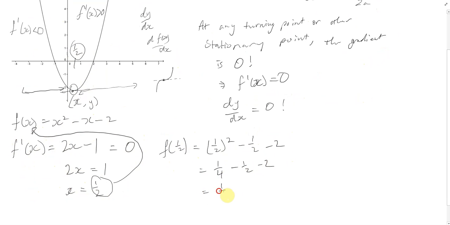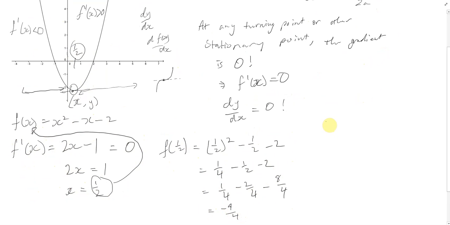Now we'll put it over a common denominator, minus 2 is 8/4. 1, take away 2, that's minus 1, take away another 8 is minus 9/4. There we go, it's not a straightforward result. So that is our y coordinate.